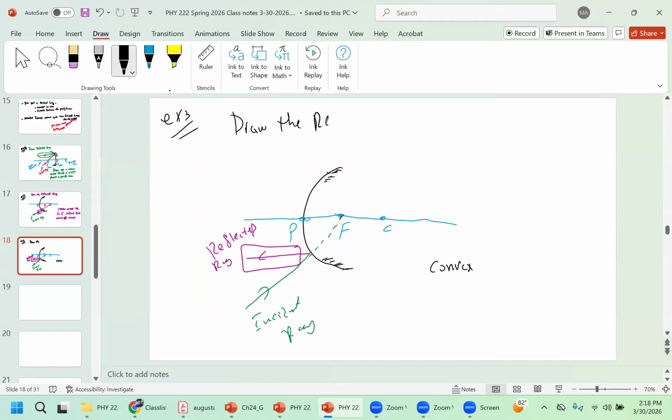Draw the reflected ray. So your reflected line will be going back again, parallel.